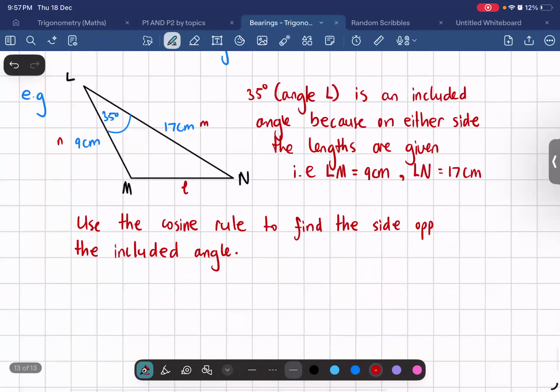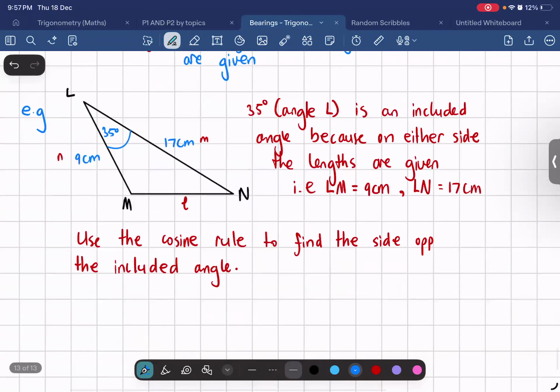Could somebody tell me what the formula would be for this triangle? I'm waiting, guys.